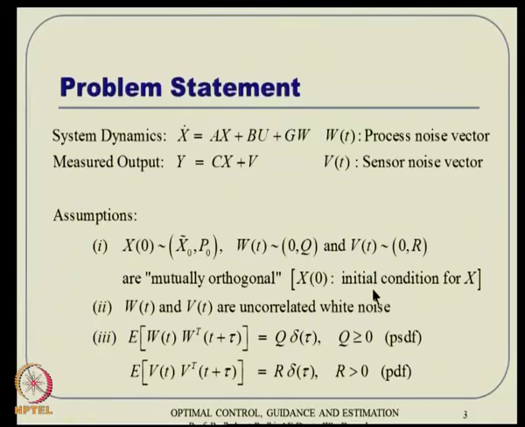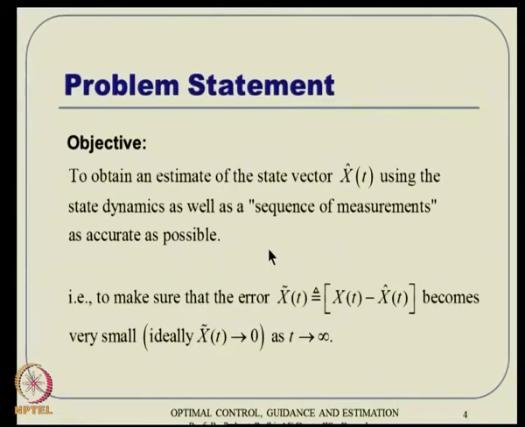Now, let us see how you propose a filter dynamics, and how you compute the gain associated with that. That is the objective. Our problem statement in objective sense is something like this. Our main objective is to obtain an estimate of the state vector, x hat of t, using the system dynamics as well as the sequence of measurements as accurately as possible.